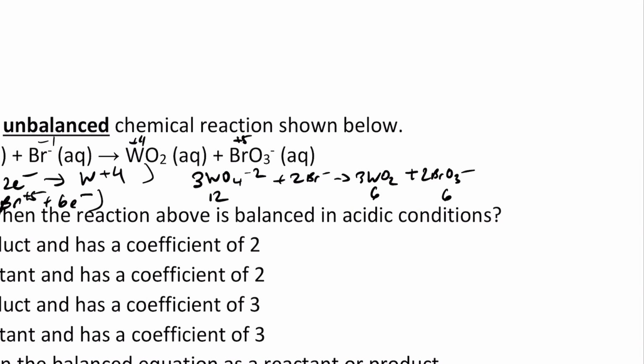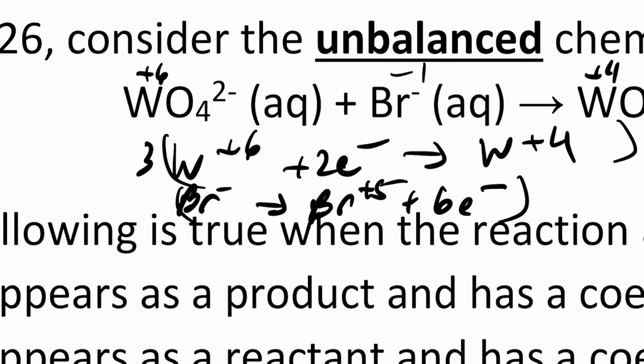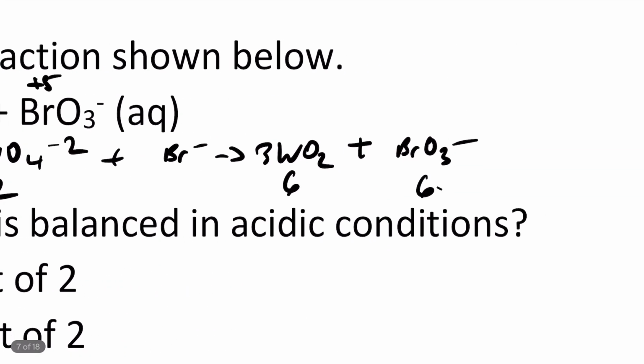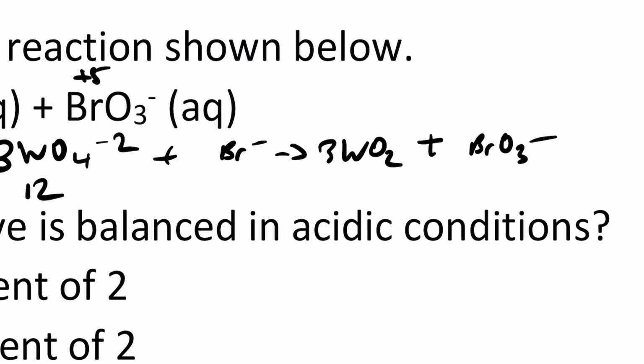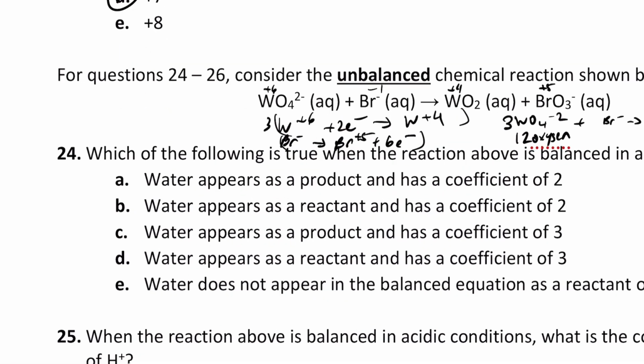Why is there 6 and 6? How does that work? Oh, geez, that was a little scary. There's not even a 2 there. It's 9 oxygens. There's 12 here, plus 9 on the other side, so that means you have to have 3 H2O. Okay, so how much was the product of this?